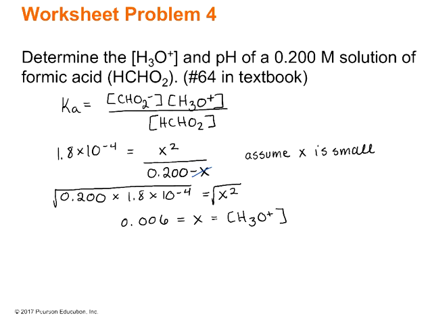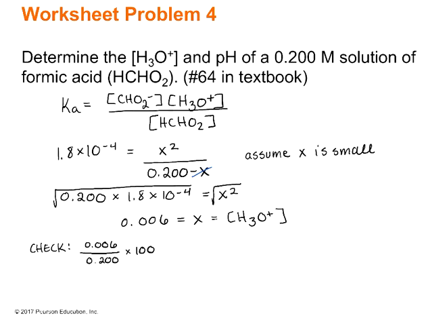Now, remember, we should check that this is a valid assumption. So we're going to take our equilibrium concentration of the hydronium ions, and we're going to divide that by the initial concentration of the acid, and then multiply that by 100.